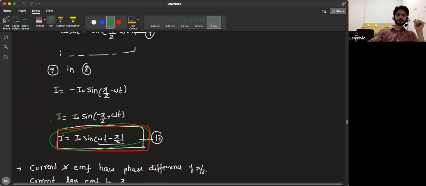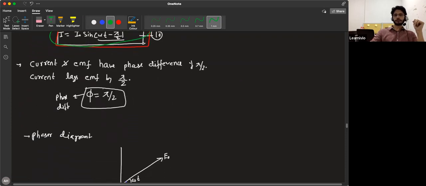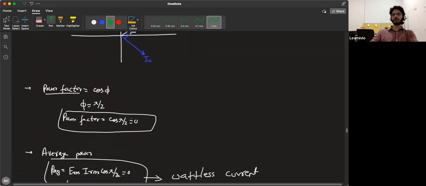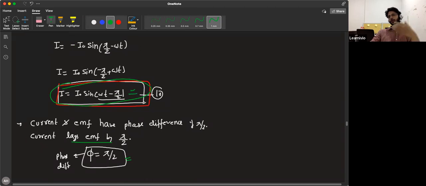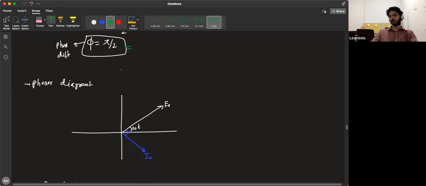The phase difference was pi by 2. Current lags EMF by pi by 2. So if the equation of EMF is E naught sine omega t, then the equation of current is I naught sine omega t minus pi by 2. The power factor was 0.